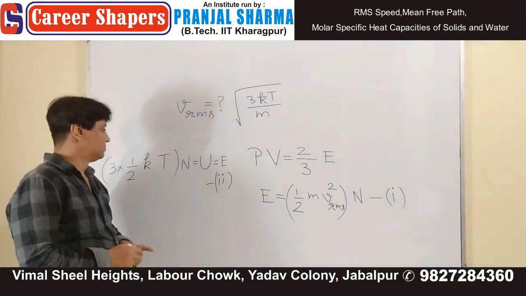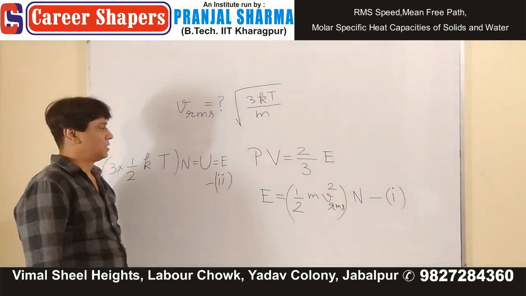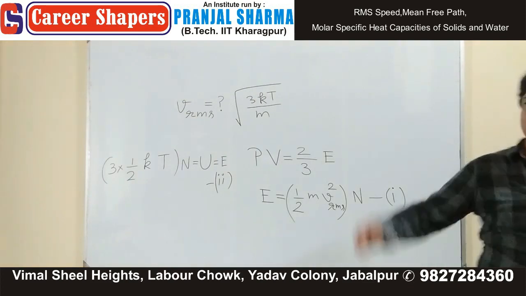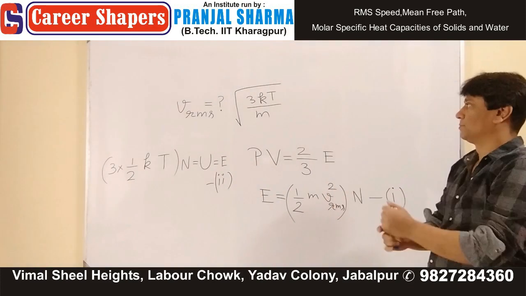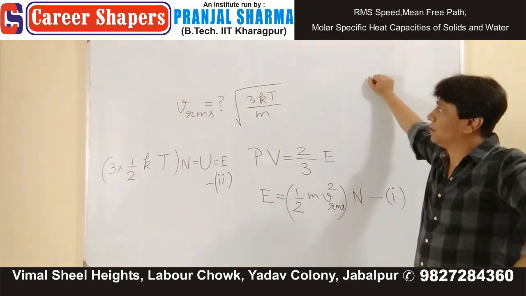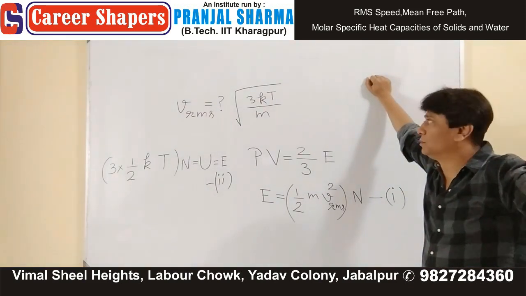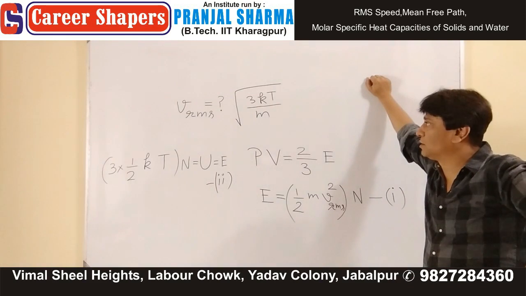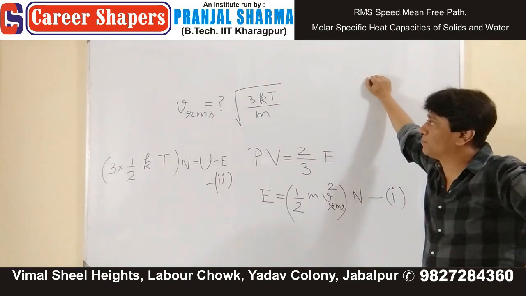Write down a statement: RMS speed of a gas molecule is proportional to square root of absolute temperature, is proportional to square root of its temperature.